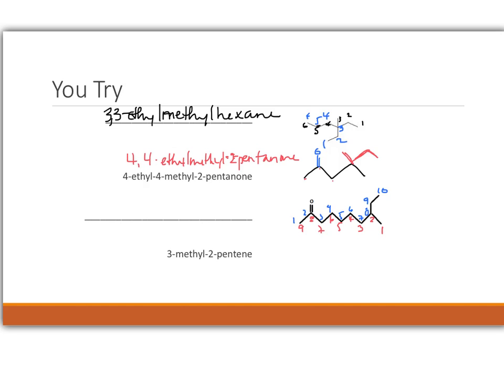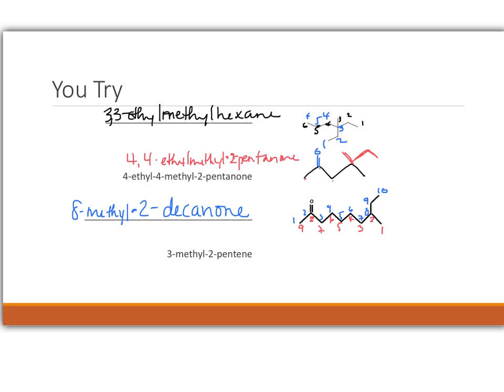My blue chain is longer, so that's going to take my ending name, so it's going to be decanone. Then it's 2-decanone, because that's where the ketone falls. And then based on my numbering, I will have an 8-methyl group, and one more dash between my word and number.